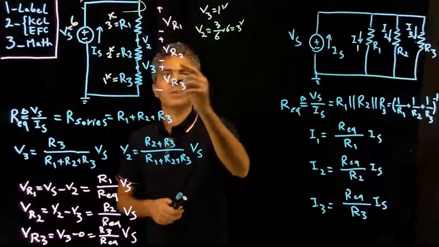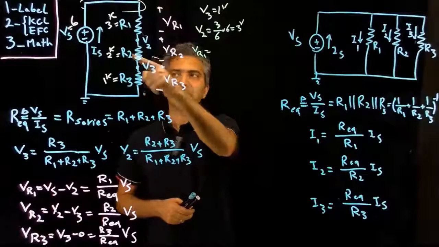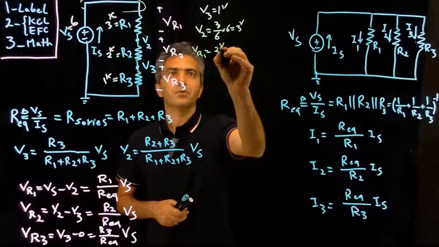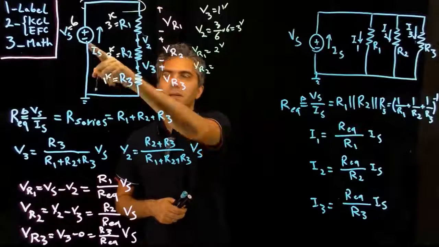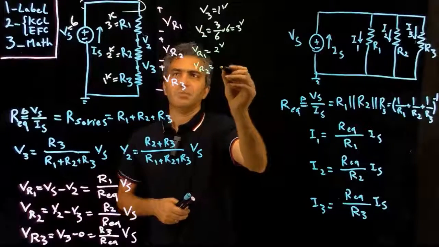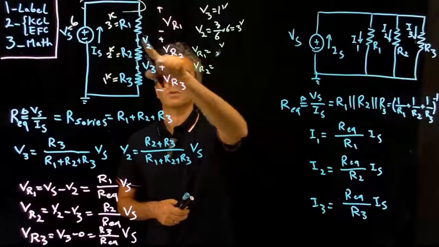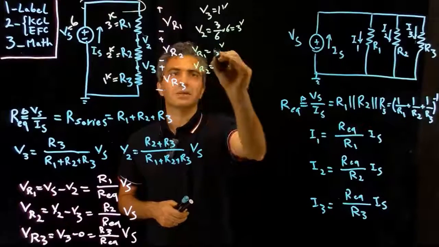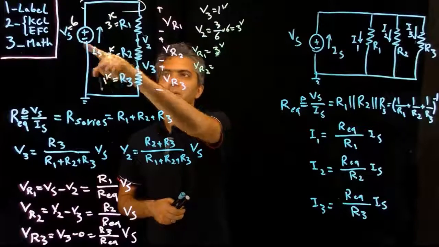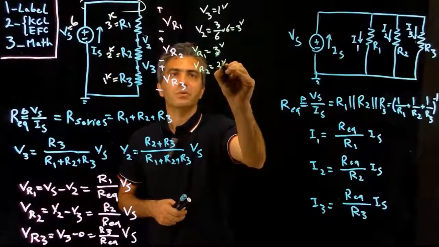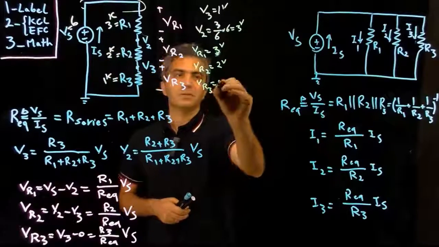And then if you look at each voltage, VR1 is 3 divided by 6 times 6, that's 3 volts. VR2 is 2 divided by 6 times 6. That would be 2 volts. And finally, VR3 is 1 divided by 6 times 6, which is 1 volt.